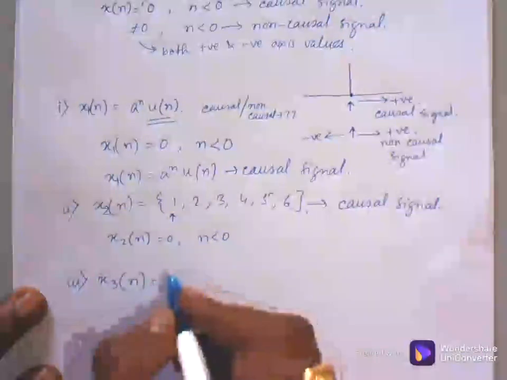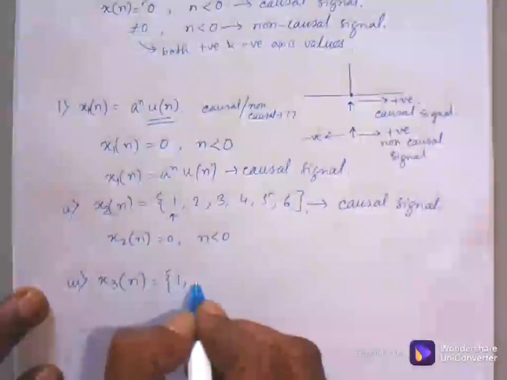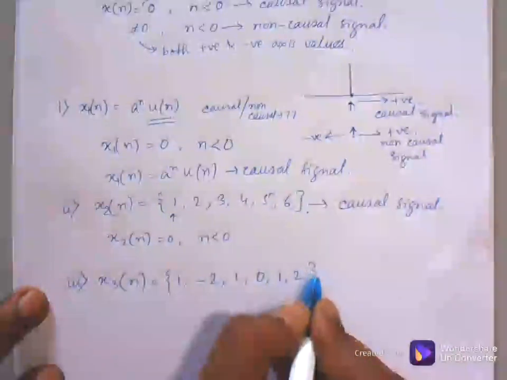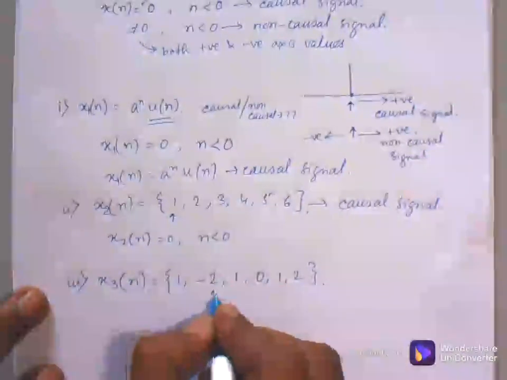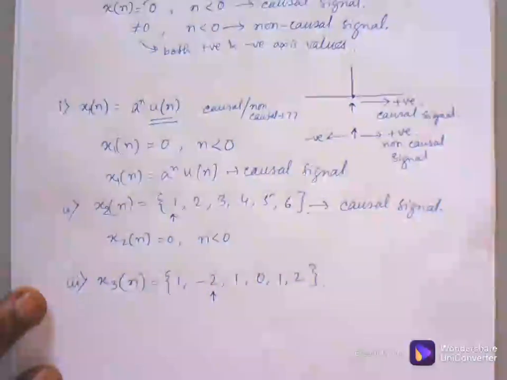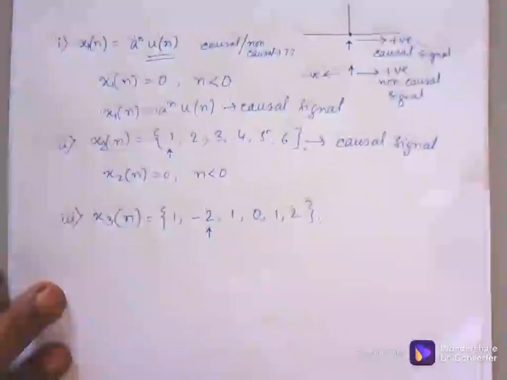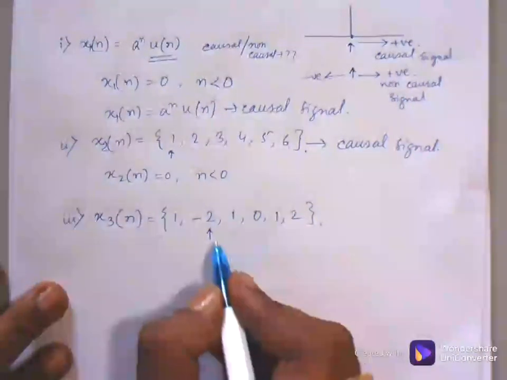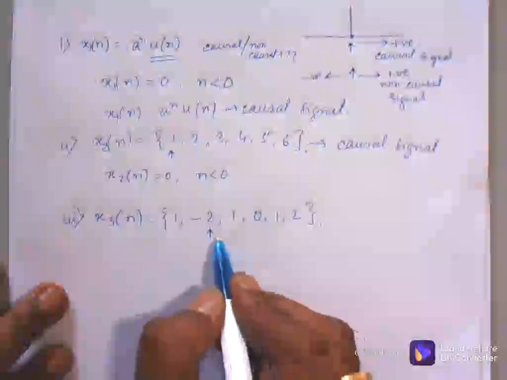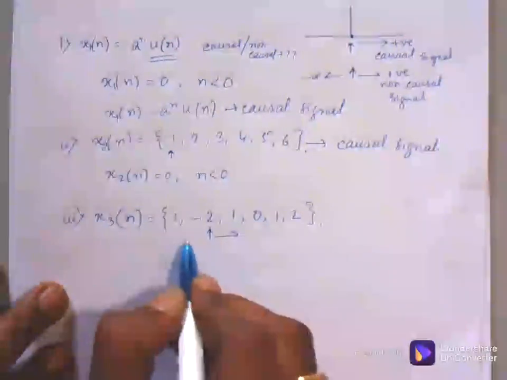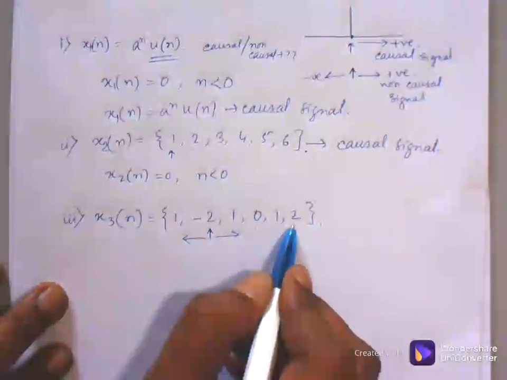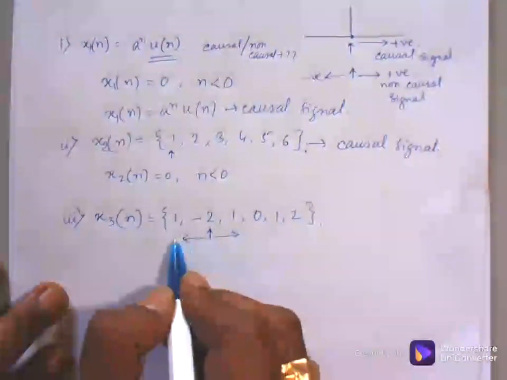Now I am taking another example, x3[n] equal to 1 minus 2 1 0 1 2. I am starting the origin at minus 2. By seeing this, you will see that it has values on both axes: the positive axis, that is 1 2 3 4, and the negative axis, minus 1.